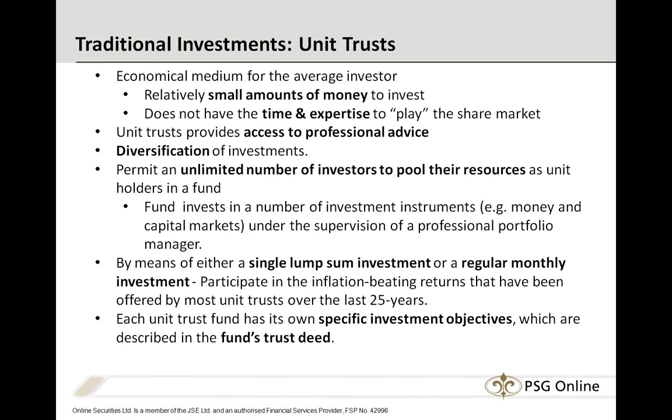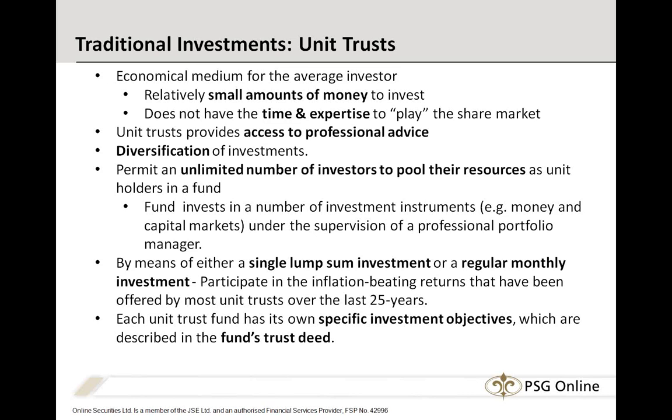So let's talk about collective investment schemes. First of all, unit trusts. This is one of the most economical mediums for the average investor to have exposure to the market and to various asset classes. You need a relatively small amount of money to invest, number one. And number two, this is for someone who wants to be a passive investor who hasn't got the time or expertise to play the share market.